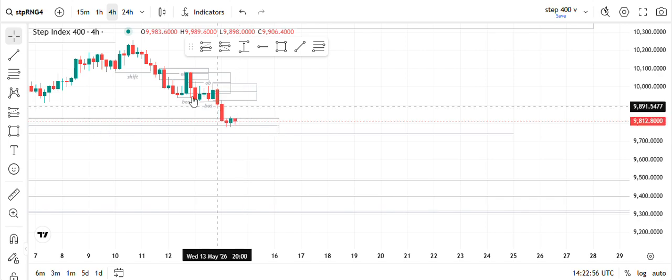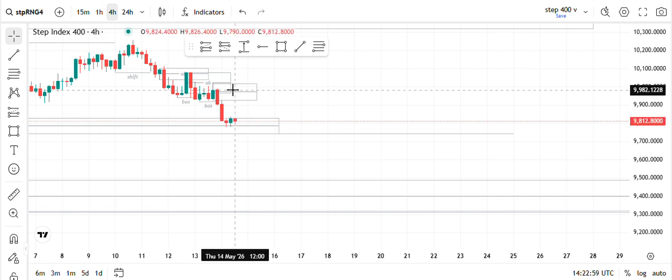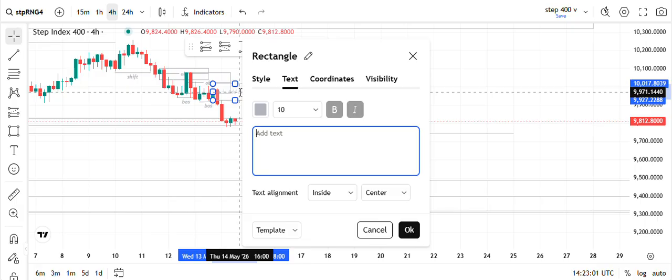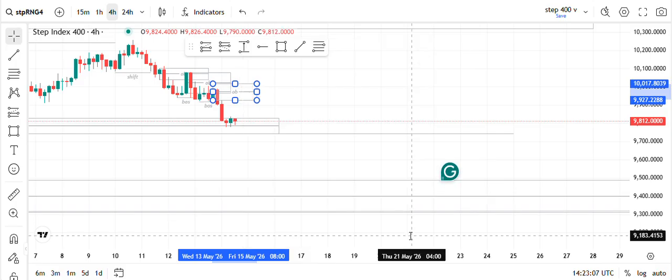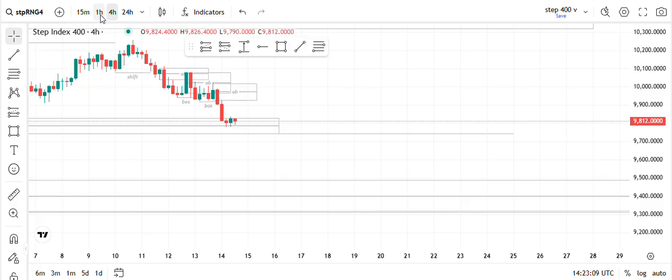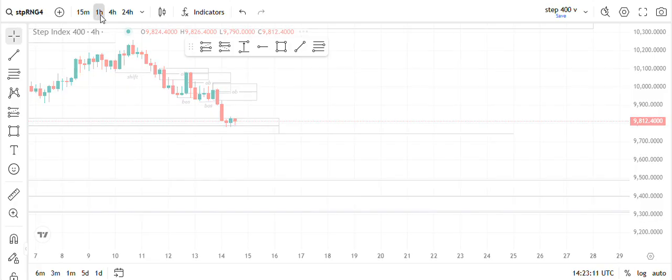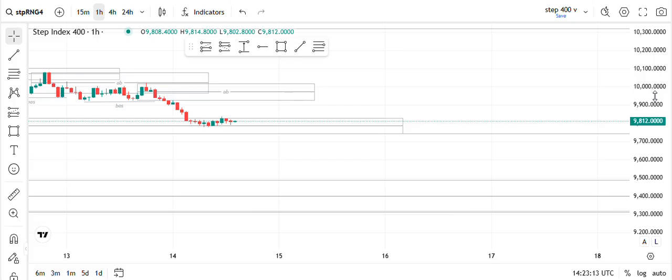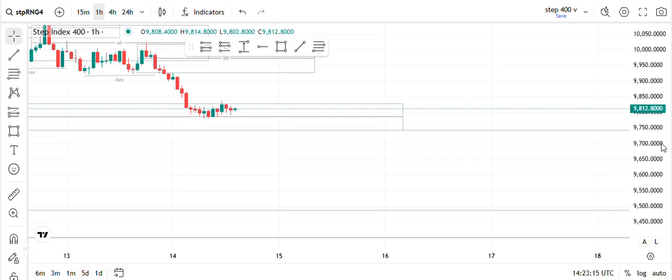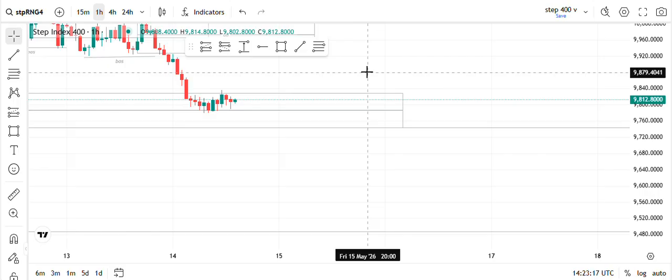It's going to be a buy. Let's map out the OB. We go to the 1 hour time frame to see if we can get it a little bit clearer, so all the boxes won't be entangling each other.